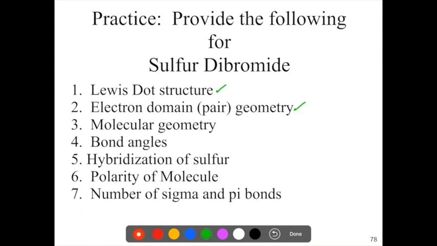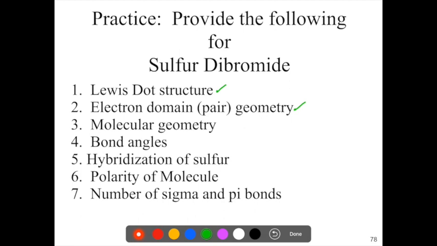And remember, you count them. A non-bonding pair is one domain, a single bond is one domain, and multiple bonds, double and triple bonds, count as one domain. If you have 2, linear; 3, trigonal planar; 4, tetrahedral; 5, trigonal bipyramidal; and 6, octahedral.